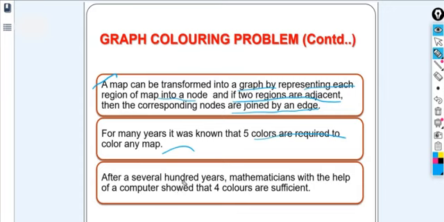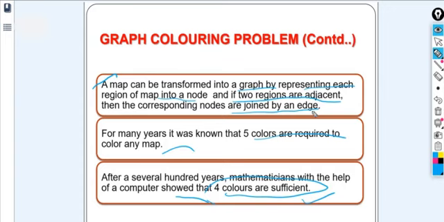After several hundred years, mathematicians with the help of a computer showed that 4 colors are sufficient. You have already studied the RGB concept. It's all about the minimum number of colors required to color the map.